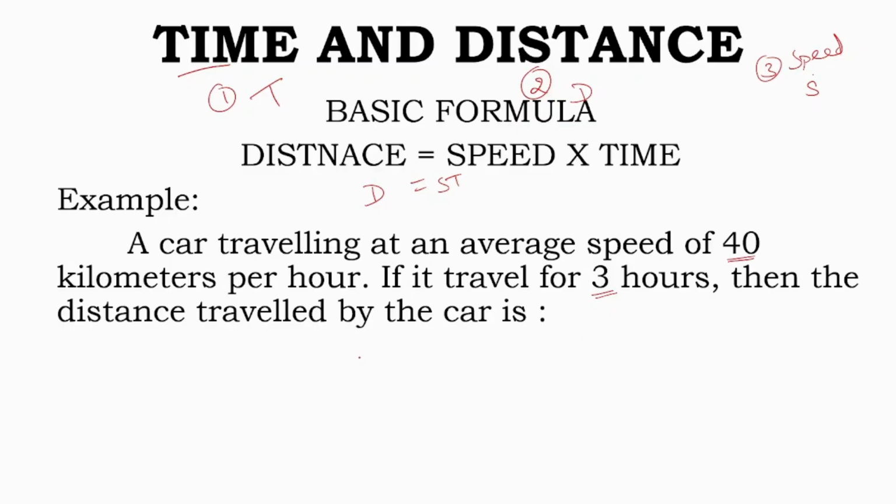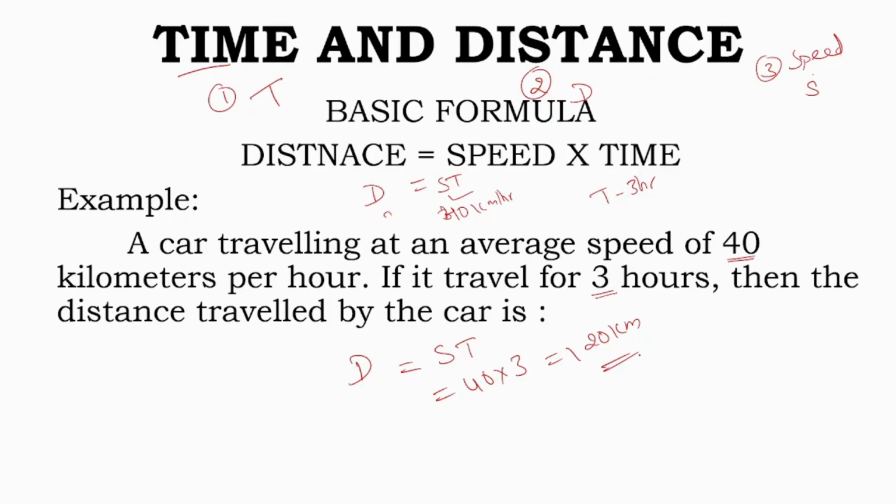So the distance is found by using the given speed of 40 kilometers per hour and the time of 3 hours. Distance D equals speed into time, that is 40 into 3. So 4 threes are 120 kilometers. The car has traveled 120 kilometers in 3 hours.